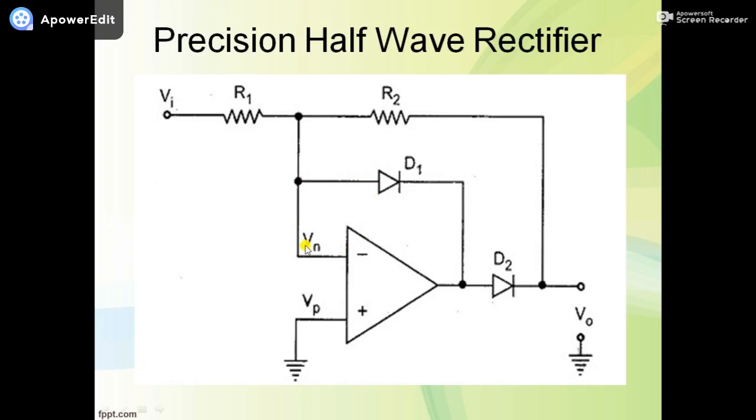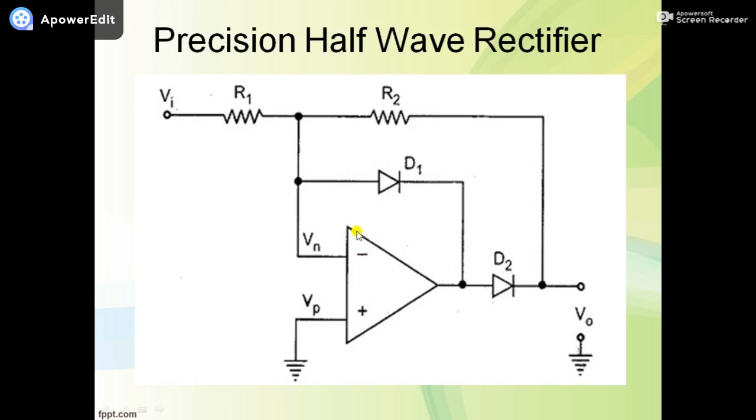Now we'll discuss the operation of this rectifier circuit, based on the input voltage. First consider a positive half cycle of input. It means you are applying the positive signal to the negative terminal of the operational amplifier.